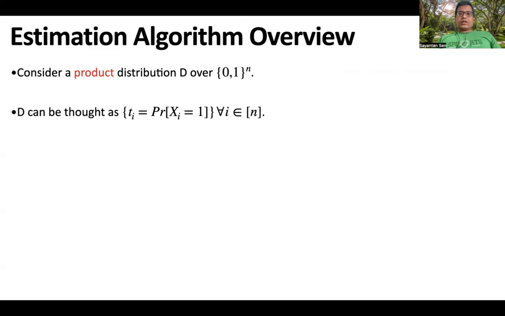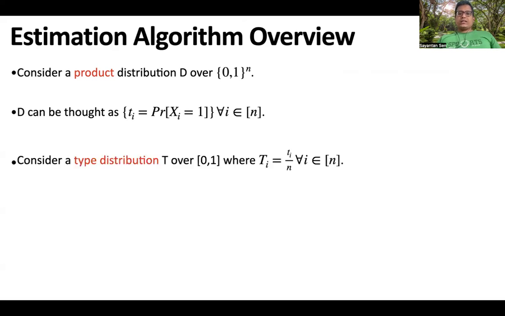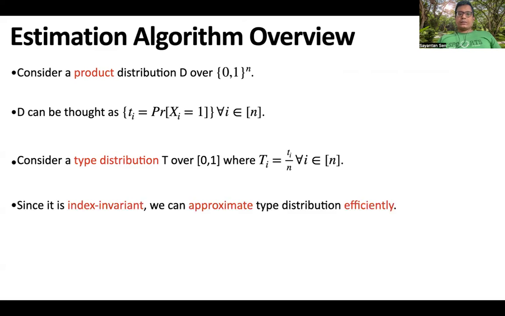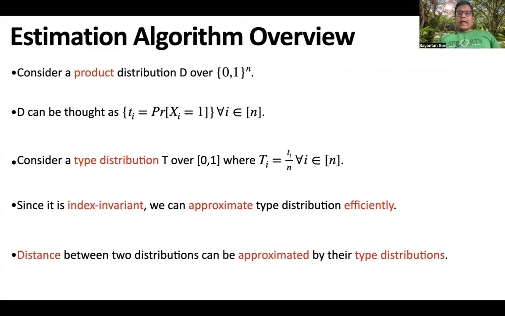Since the distribution is product, we can think of it in terms of n marginals, and once we have the marginals, we can consider a type distribution. Since the property is index invariant, we can actually estimate the type distribution efficiently. We further prove that the distance between two distributions can be approximated by the distance of their type distributions.